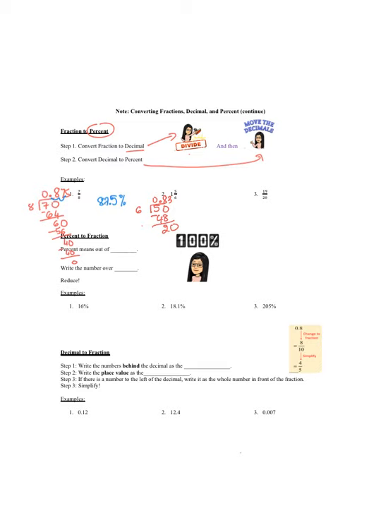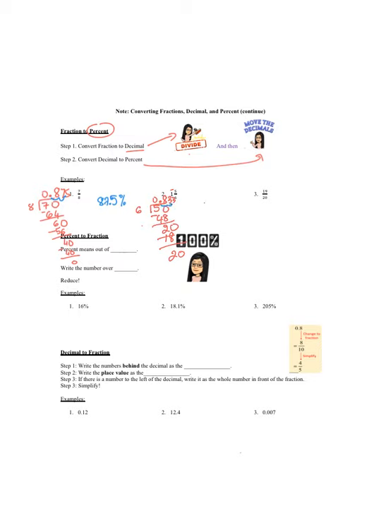Borrow 0. 20 divided by 6 is 3. 3 times 6, 18. Drop out a 2. Now 20 divided by 6 again, you have another 3. So now you have a repeating decimal. Okay, so you're gonna move the decimal 2 places to the right to get to the percent. 1, 2.